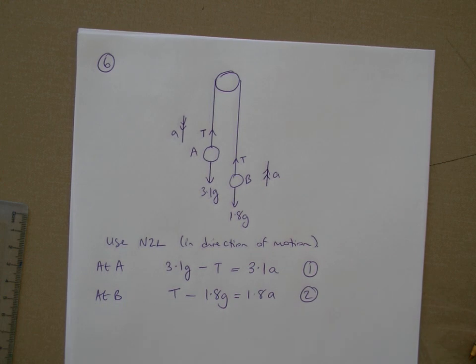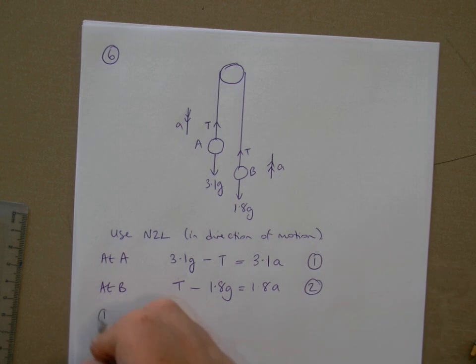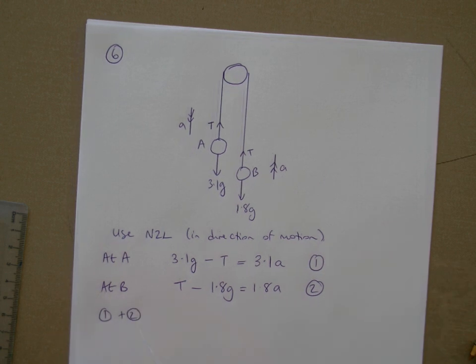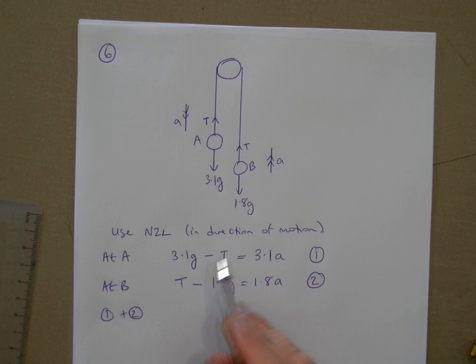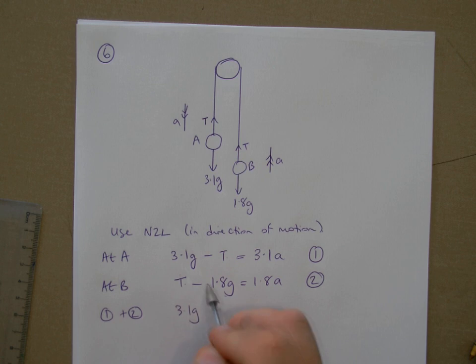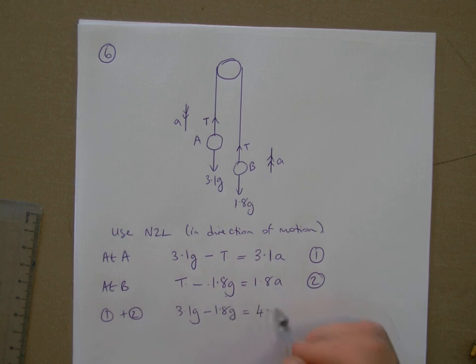So in order to work out acceleration and tension, we solve these simultaneously, and if we add them, the tensions eliminate, because minus T add T is 0. So adding these together, we've got 3.1 G add minus 1.8 G, and on the other side that's 4.9a. Work this out, and you get 1.3 G is 4.9a.